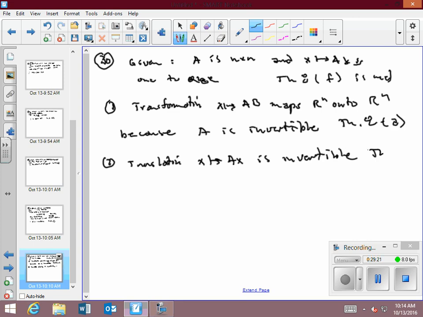And this is theorem 9. So you can make these two statements because you're given this particular thing. Okay.